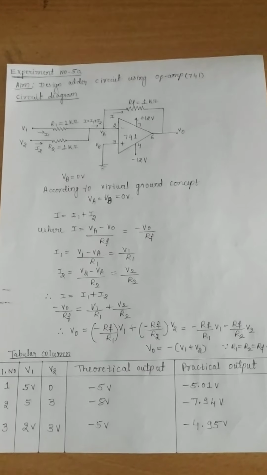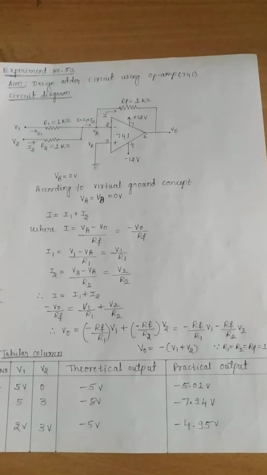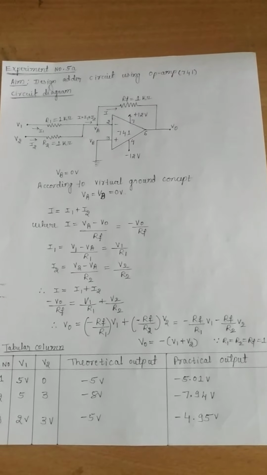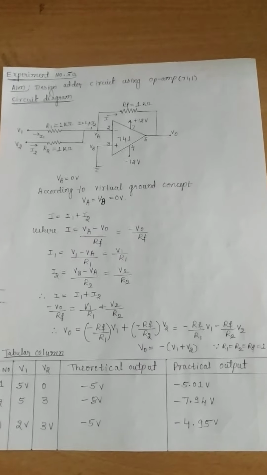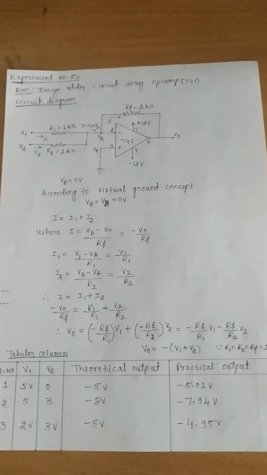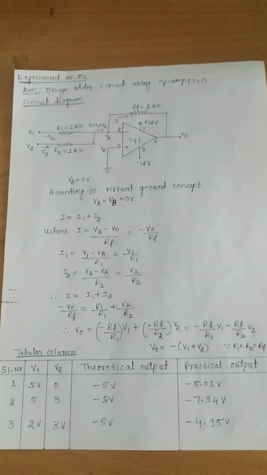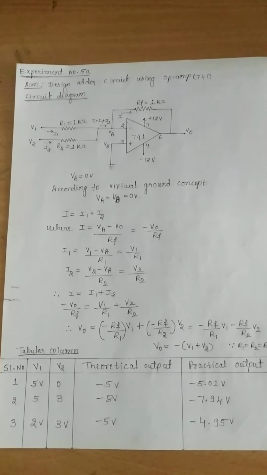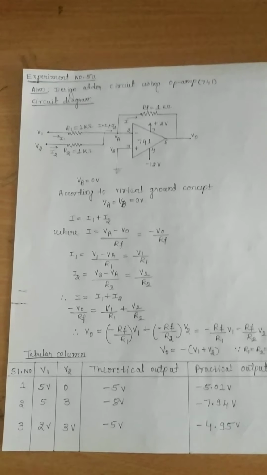After simplification, you get V0 equals minus RF by R1 V1 minus RF by R2 V2. Here we have taken R1, R2 and RF as the same, that is 1 kilo ohm. Therefore, the output voltage is minus (V1 plus V2). That is nothing but the addition of both the input voltages.